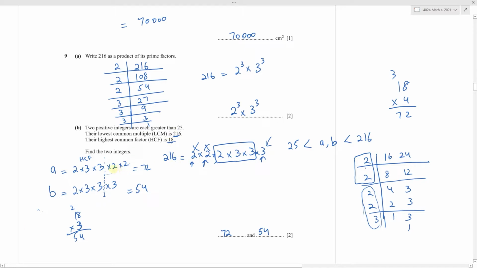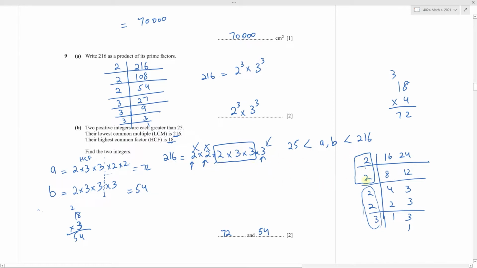So both the 2's will belong to the same number, and the 3 will belong to the other number because you have to make it greater than 25. You're given that both numbers are greater than 25. So this question basically needed a bit of knowledge about LCM and HCF and how they are calculated and what the prime factors actually represent.